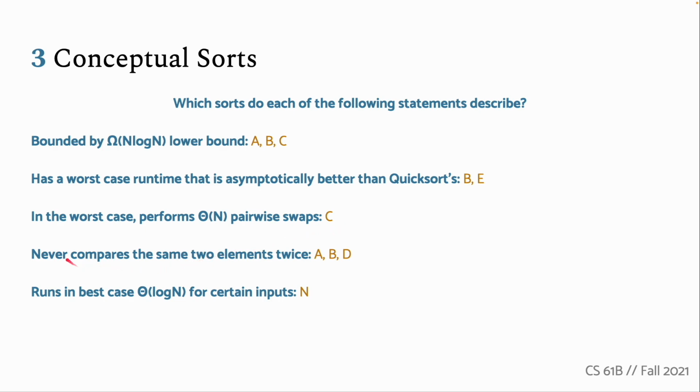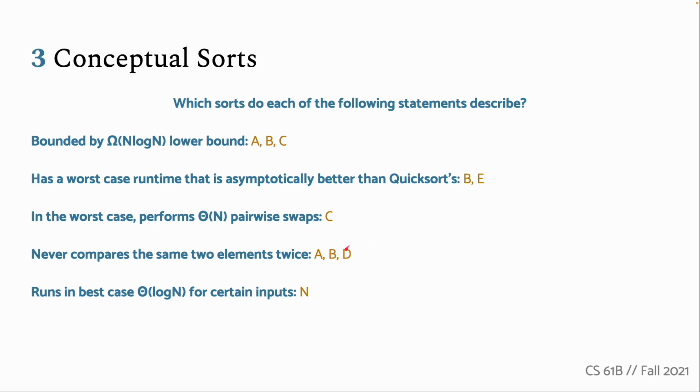What never compares the same two elements twice? And the answers are quick sort, merge sort, and insertion sort. So quick sort, you are only comparing things with a pivot, and once you've used something as a pivot, you're not going to touch it again, so you're never going to compare anything else to it. Merge sort, you're only comparing as you zip it up, and once two things are zipped up, they're in the same group, and so you are never going to have to combine them ever again.